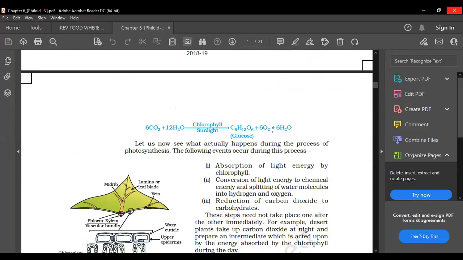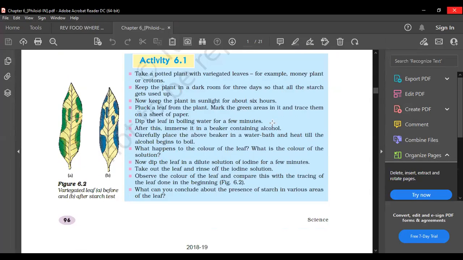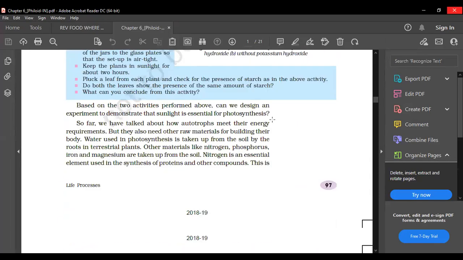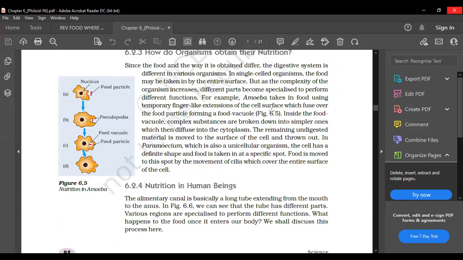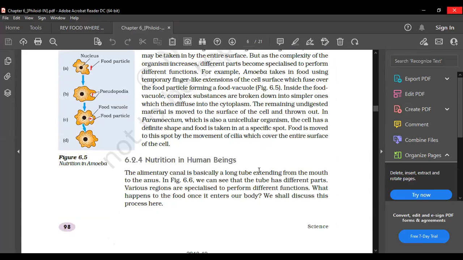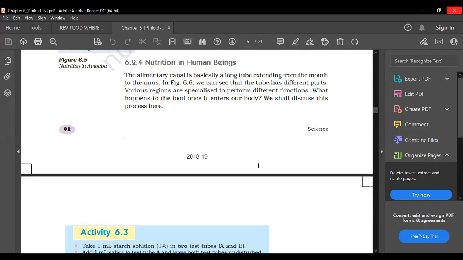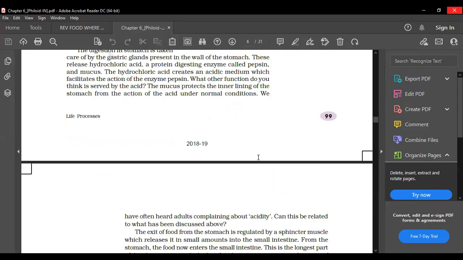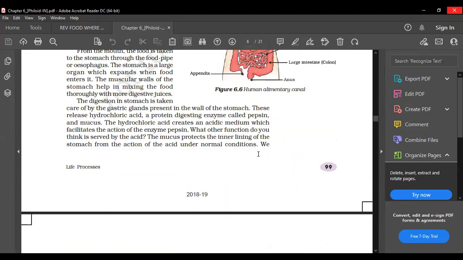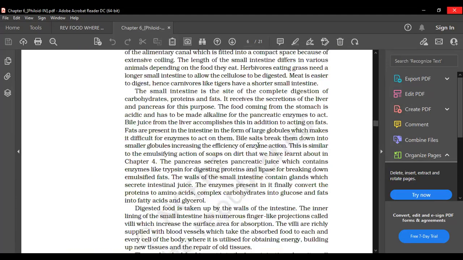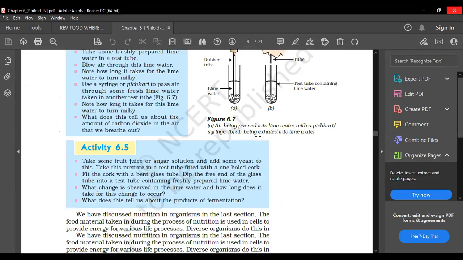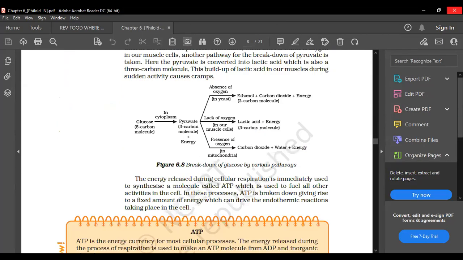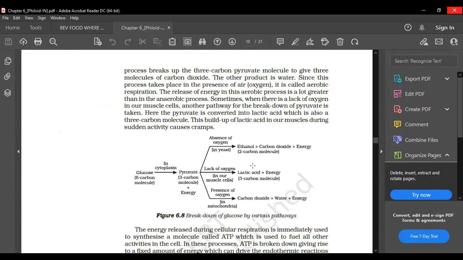Autotrophic nutrition, and again heterotrophic nutrition. It is a very important topic. It's the CBSE class 10 book, but the topics are the same. It will be the same, but somewhat extra information will be there in this. That's all the difference.